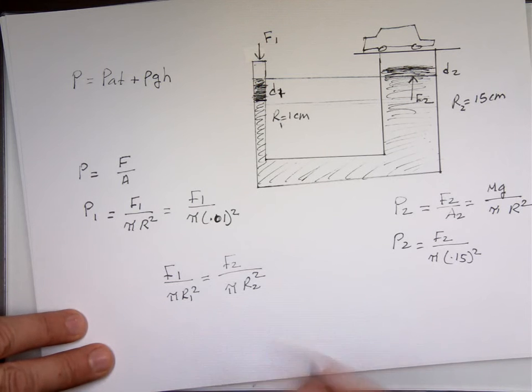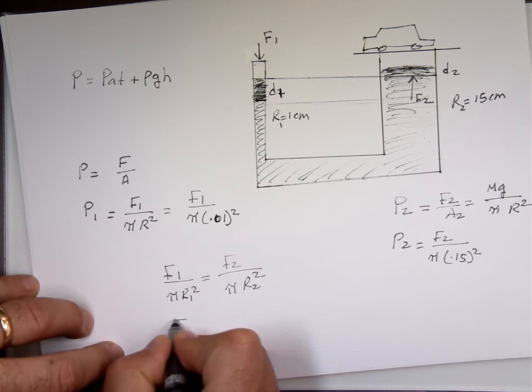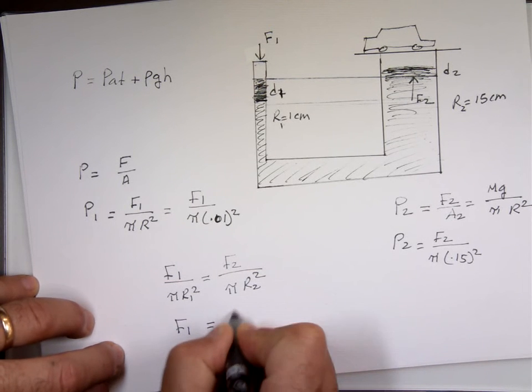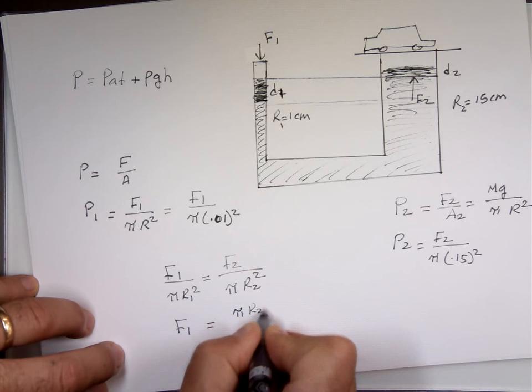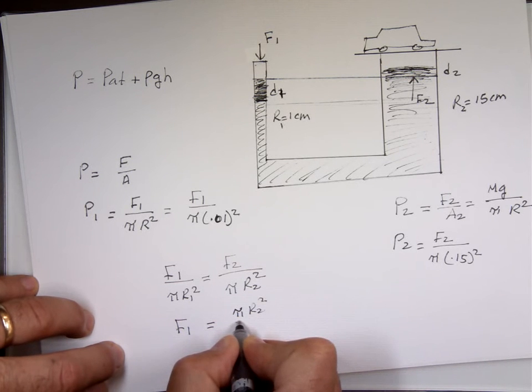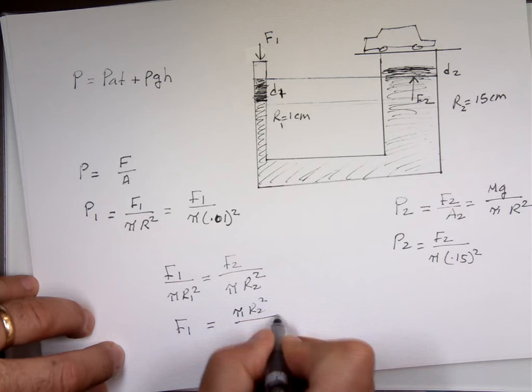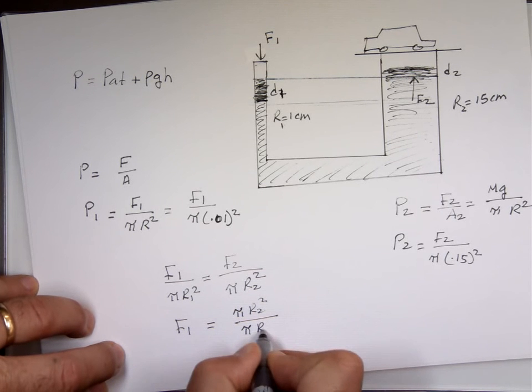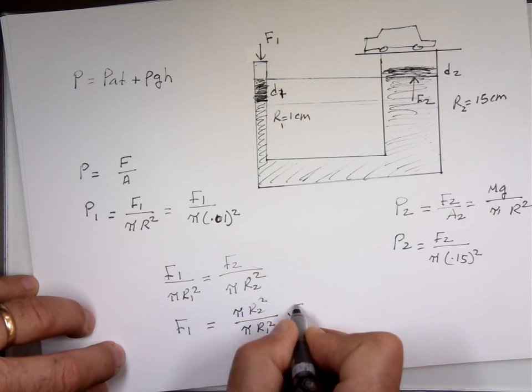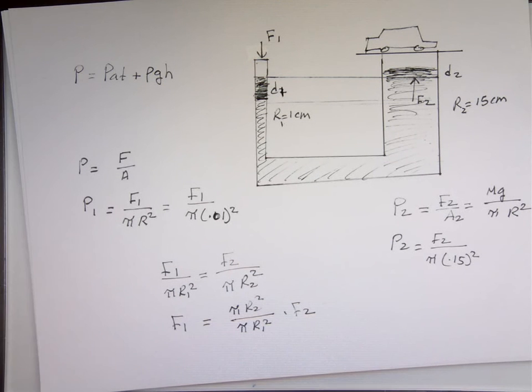Crisscross: F1 equals pi r2 squared over pi r1 squared times F2. You can find the relationship between force 1 and force 2. Or if you want force 1 over force 2, that's this one over that.